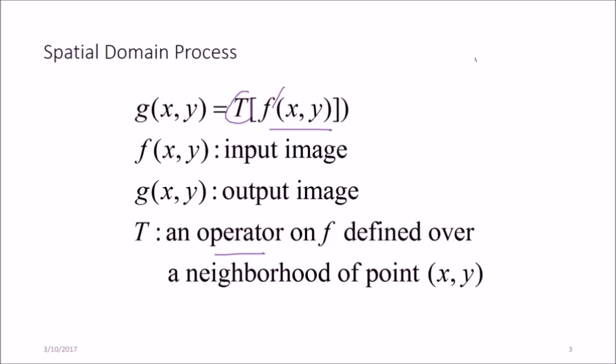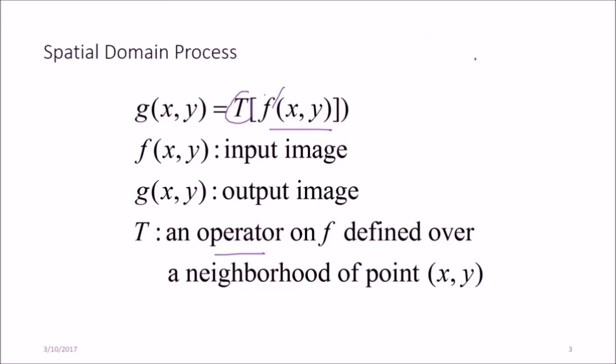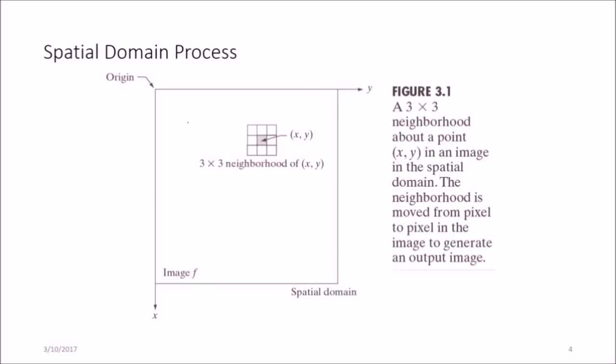Spatial domain means if this is a point, all the values which are in neighborhood, and we have certain neighborhood like N4, N8, and D. So an operator on F defined over a neighborhood of point xy, this operator transforms the image into gxy, which is a spatial domain process.